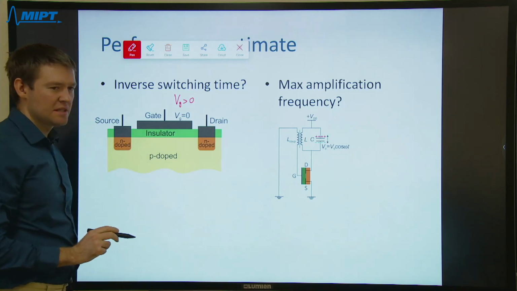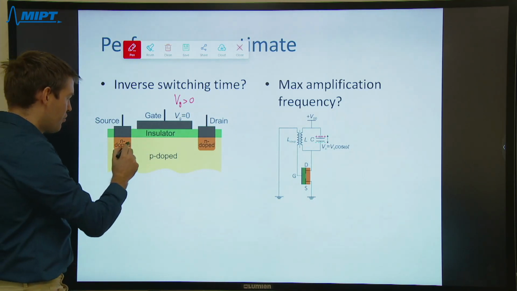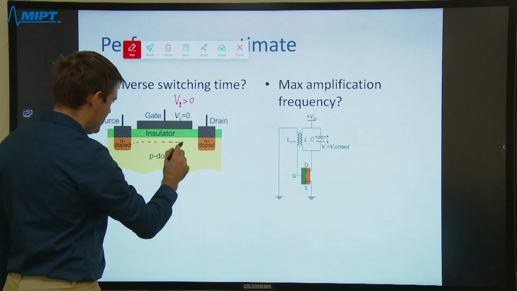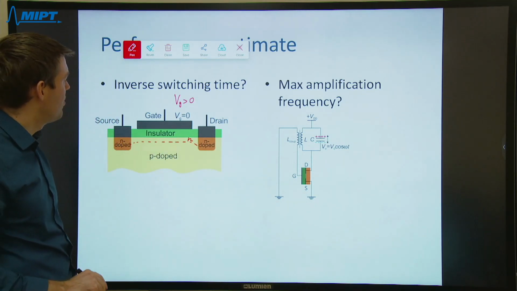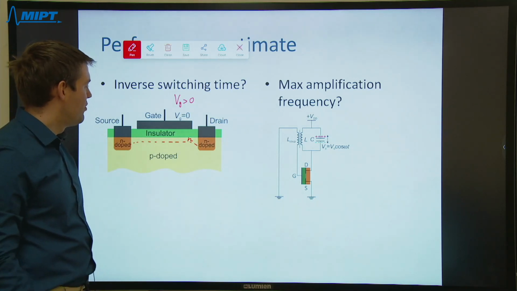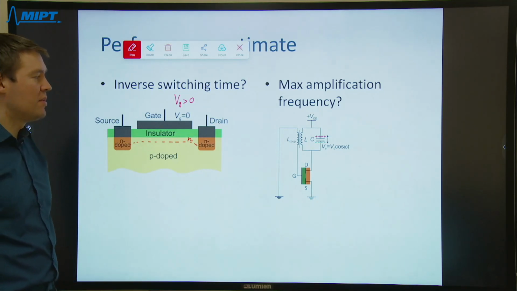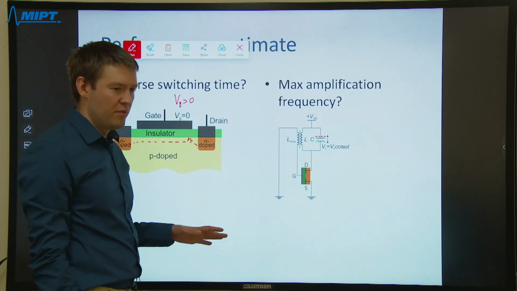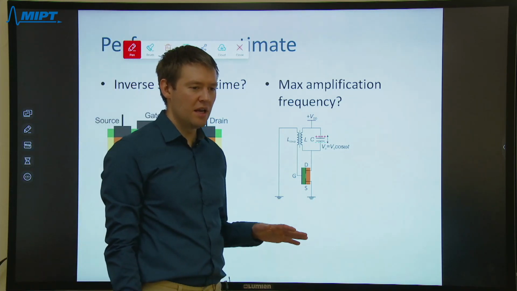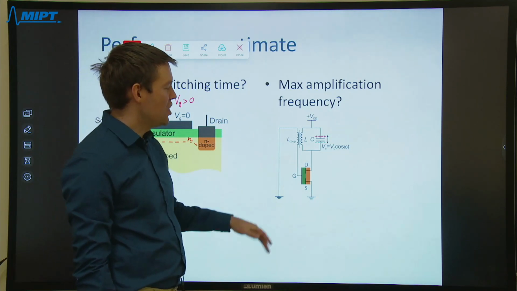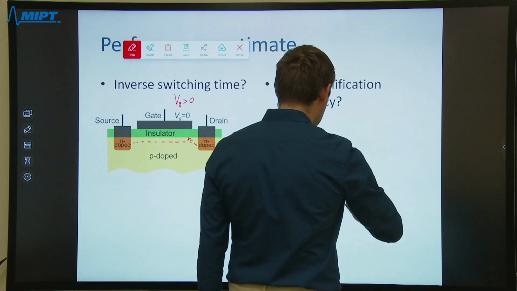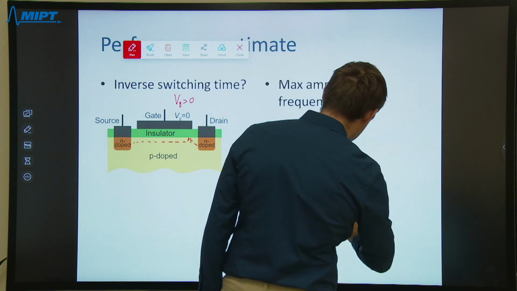What time does it take to form an N-type channel? This is the first possible formulation for the problem of performance. The other possible formulation deals more with analog electronics, and it asks what is the maximum amplification frequency in the amplifier or generator.